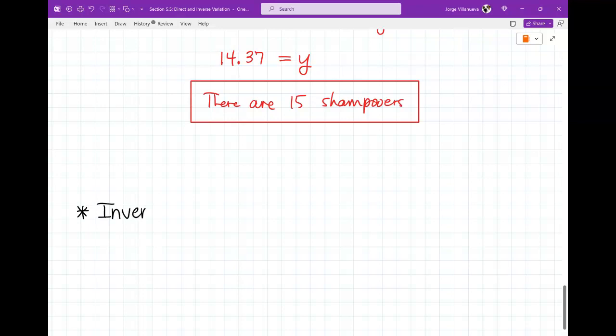Inverse variation. Now this is the one where I could say, like, the more you drive, the less gas you have. The more money you spend, the less you have in the bank account, right? The more you rest, the more energy, the less time you have to do stuff, right? Like, so they're inversely related. One goes up while the other goes down. Okay.